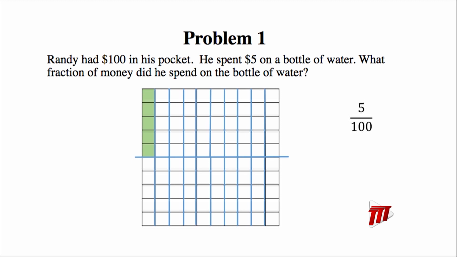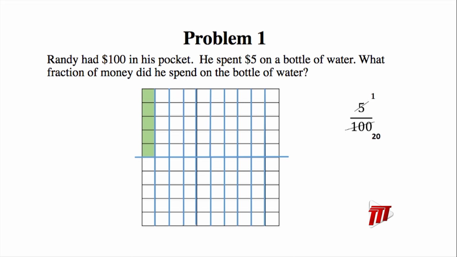We can reduce this fraction to show that if we reduce it, we can get 1/20th. So the fraction of money that Randy spent on the bottle of water is 1/20th. 5 into 5, 1. 5 into 100, 20.